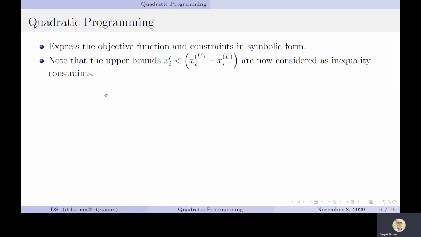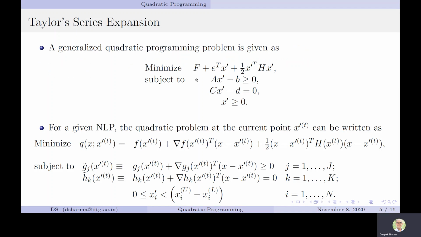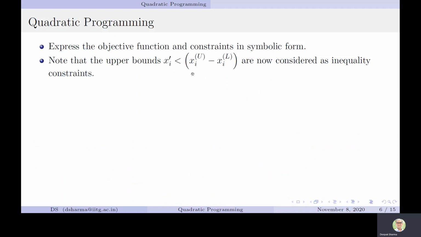Now let us write the objective function and constraints in symbolic form. What do we mean by symbolic form? Let us identify what are capital F, E, H, A, B, C, and D. These are the symbolic forms in which we can write a quadratic programming problem.